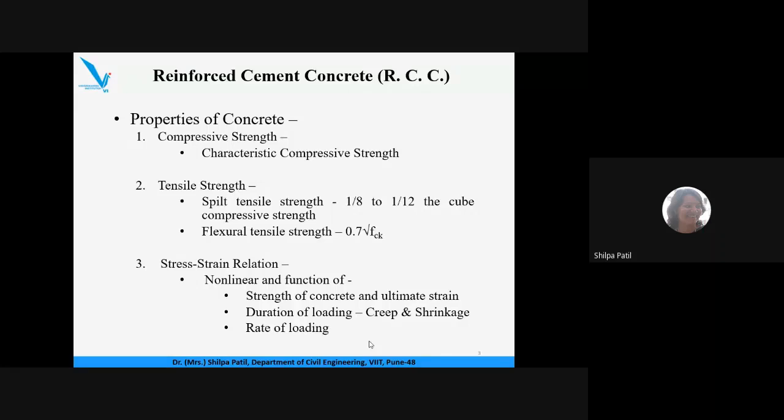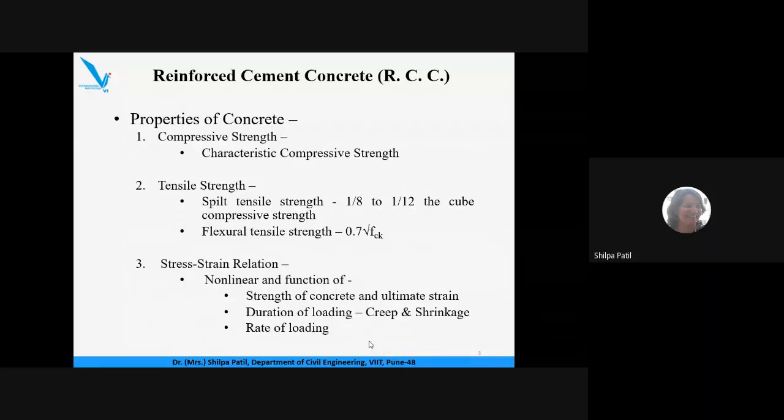When you go to the final year and start your project work, if your aim is to study any particular material, the first thing you need to do is learn its stress strain behavior: how the material behaves when subjected to load, how the deformations are obtained, what the stress and strain are, and how overall the material behaves.